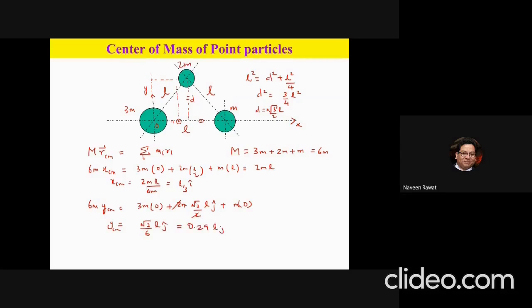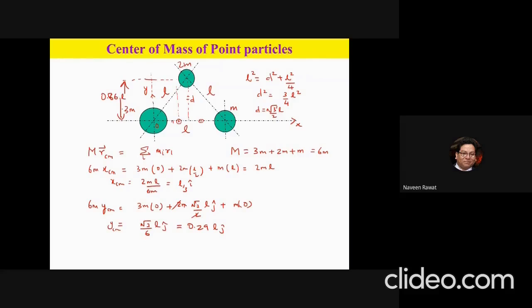So I'm getting a value of 0.29 Lj. If L was 1, I'm getting 0.29, so I need to know where L is. Root 3 divided by 2 is 0.86, so this distance value is 0.86, which is just this value of d.